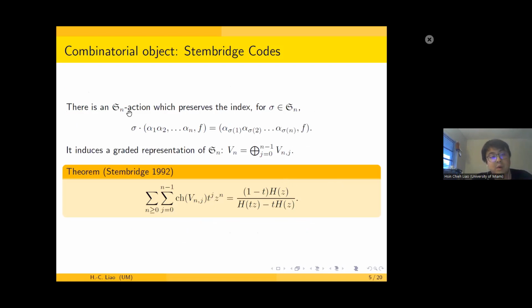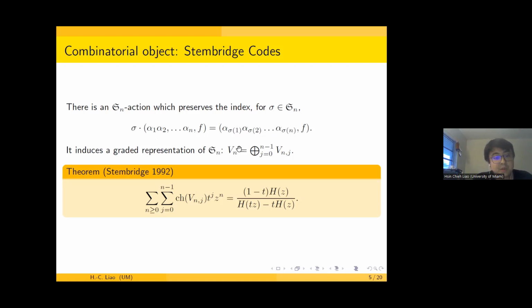And so it turns out there is an action which preserves the index as the following. Given your permutation sigma, it acts on the codes by just permuting the sequence part of the code and just leaving the mark unchanged.